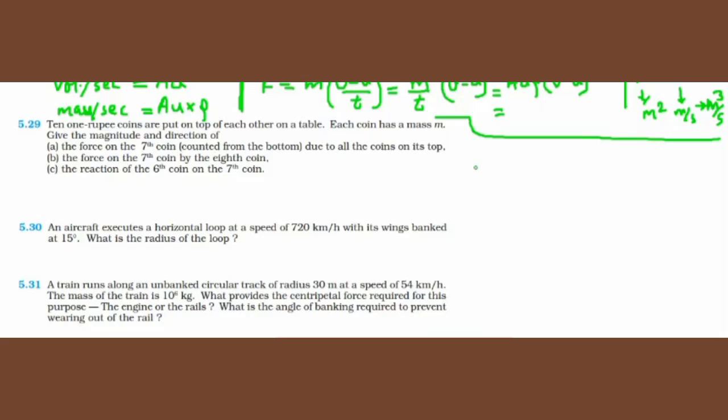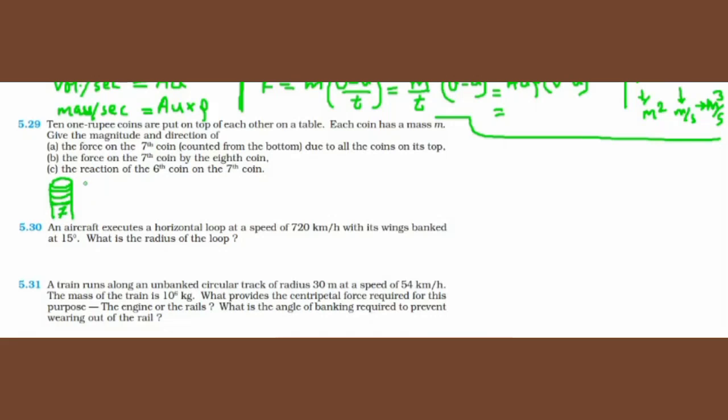Force on seventh coin. Okay. Suppose we have the pile of coins like this. So 10th coin, 9th coin, 8th coin. So this is the 7th coin. So 3 coins are there above the 7th coin.